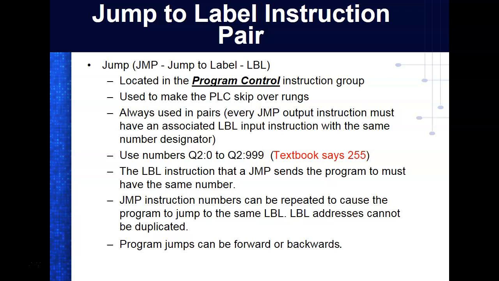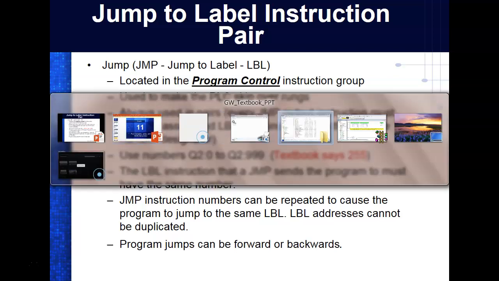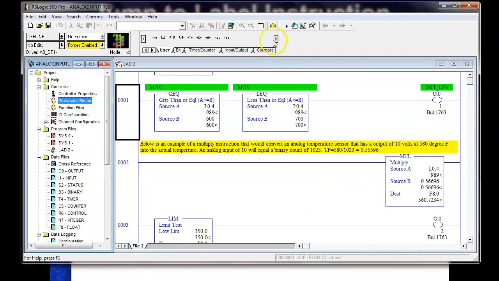So that's going to be across the top of the tab. Let's see if I've got RSLogix still running. Yes, I do. So right here, the program control group. It's all the way over in program control, and here's the jump and here's the label instruction side by side.